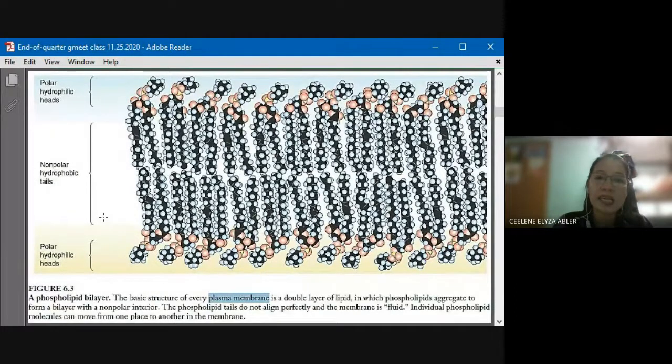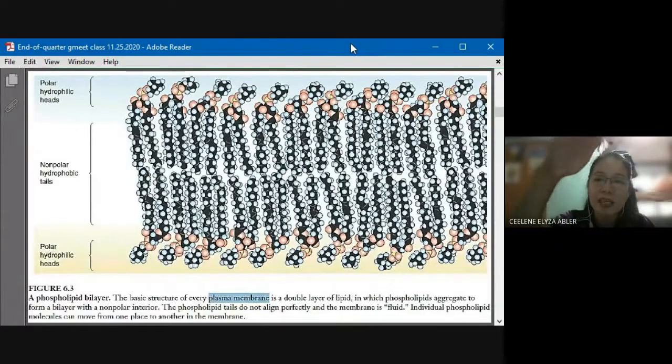So, here the cell uses the power of potential energy. Okay, for example, if outside of the cell we have large non-polar substances and there are many of them, they can go down the gradient.